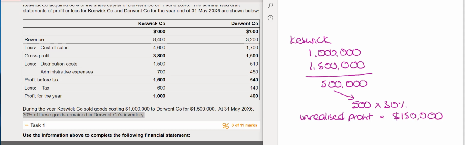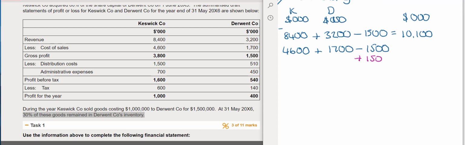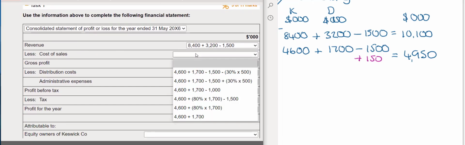This will be sitting in our closing inventory balance, and so therefore we will need to add this back to our cost of sales figure. So I'm going to also add the 150,000, and so the consolidated cost of sales figure would be 4,950,000. Looking at the drop-down menu then for cost of sales, the correct option is going to be the second option.